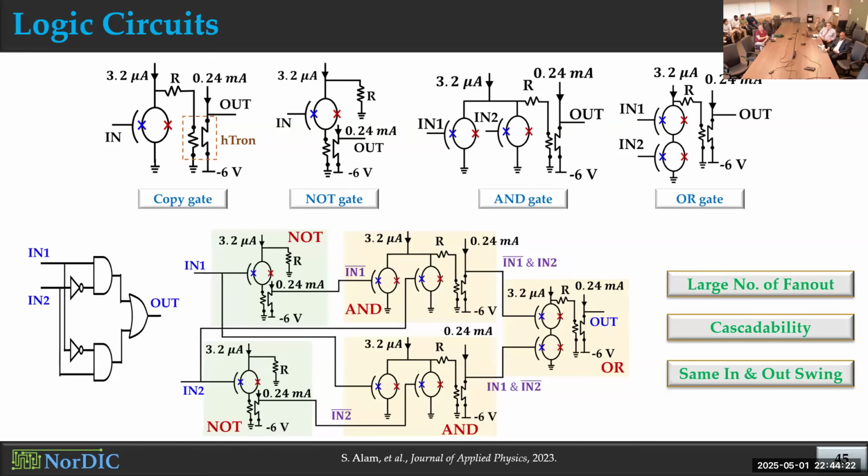Sorry, can you go back, please? You have a lot of DC current, and you've alluded to this before, a lot of DC current overhead. Yes. And I guess at this point of the technology development, that's not a big concern because you're just trying to demonstrate this. Yes. I mean, it reminds me of the first Cray computer, which was very high powered.